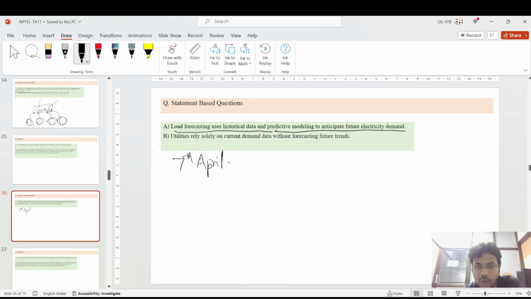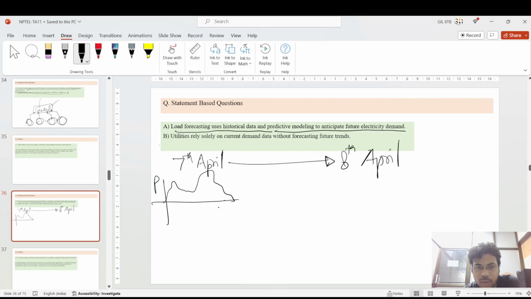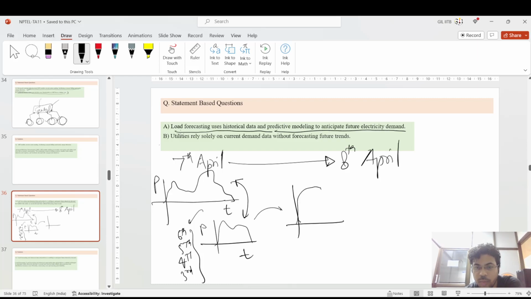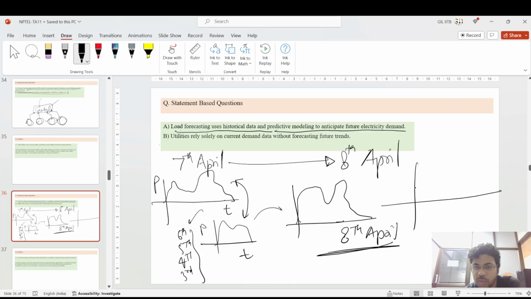Suppose today is the 7th of April. What will be the energy consumption on the 8th of April? The 7th April has a certain load curve. Suppose this is a P versus T curve, and before that, on the 6th, 5th, 4th, and 3rd, there is also certain P versus T data. So they read this data and predict a load curve for the 8th of April based upon the previous load curves.